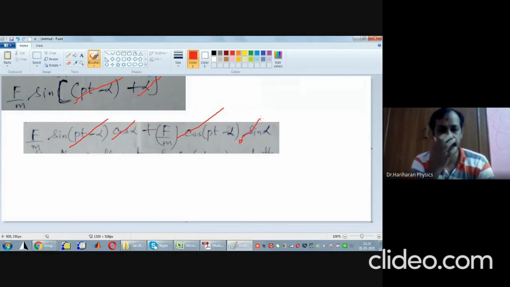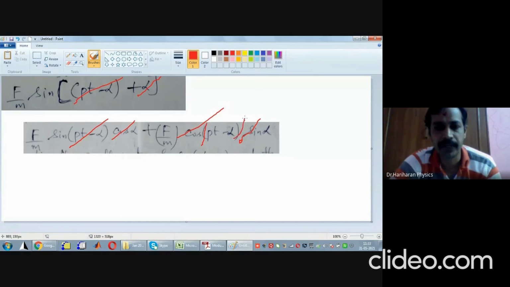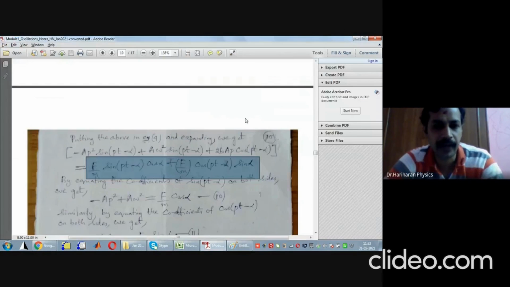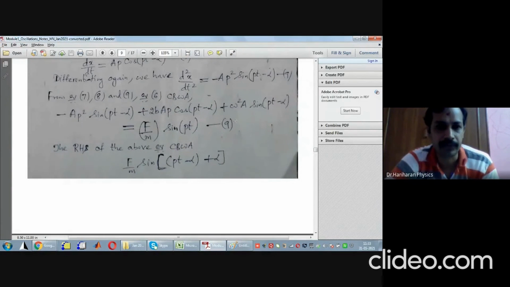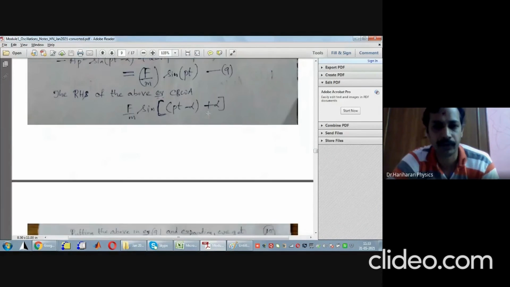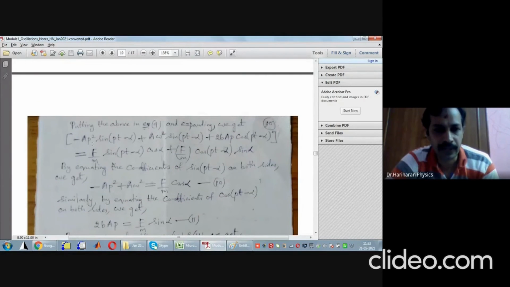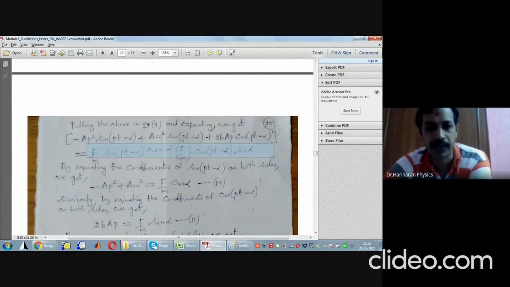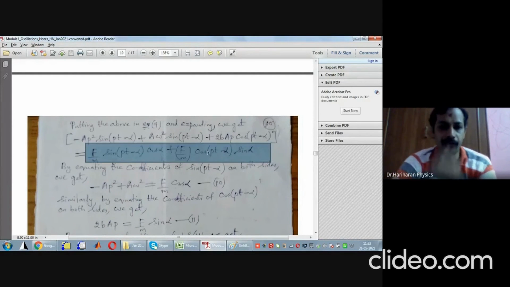So if I expand the trigonometric term, what you're going to get is this equation: f by m into sine of pt minus alpha into cos alpha plus f by m into cos of pt minus alpha into sine alpha. And the left hand side is just the same throughout. Therefore the left hand side will be equal to this right hand side, and that's what is given in the above equation.